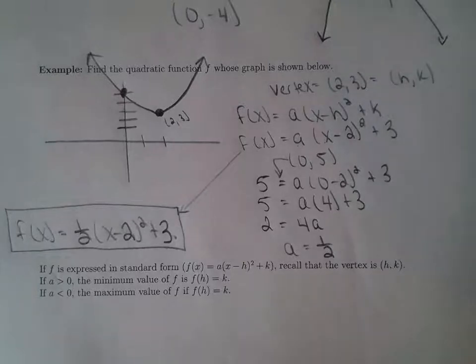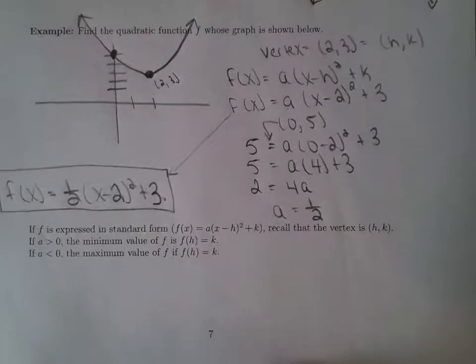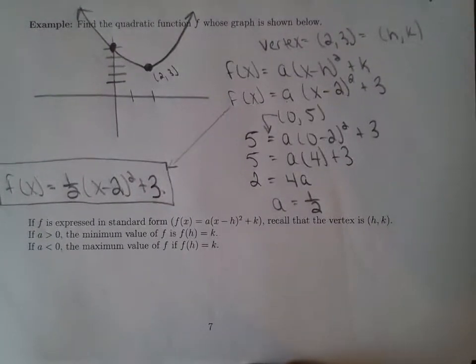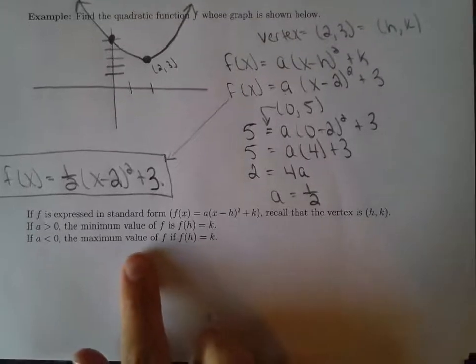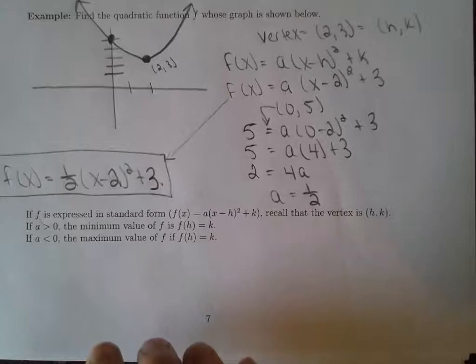There might be a couple on your SAT where it's given to you in standard form, and this is pretty simple to graph. It's pretty simple to pick out your vertex. But most of the time on the exam, it's not expressed in standard form. At the bottom of page 7, I'll review again. If f is expressed in standard form, the vertex is (h, k).